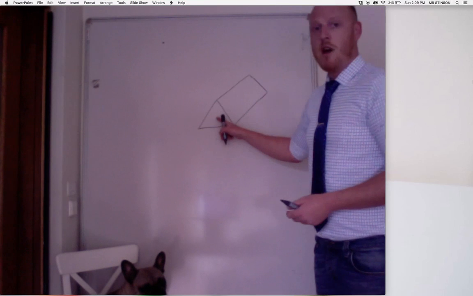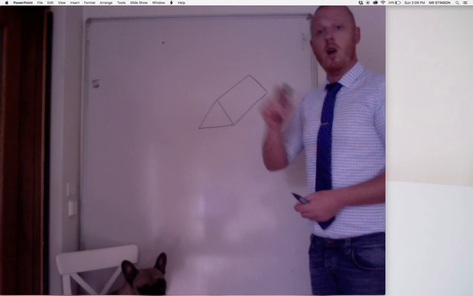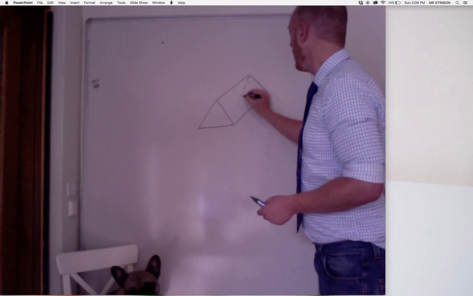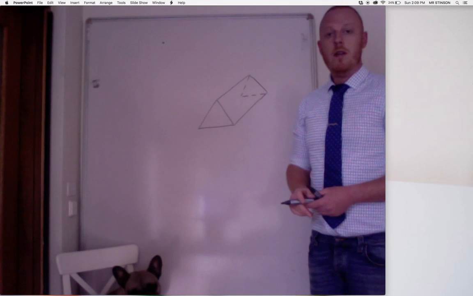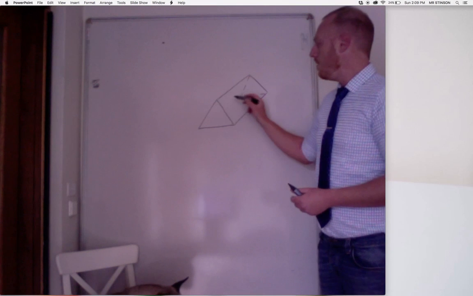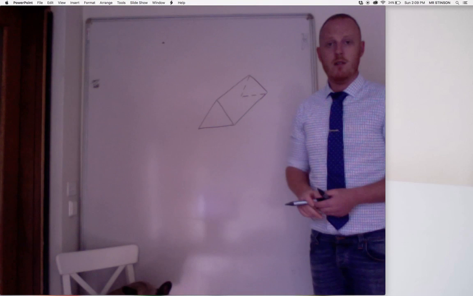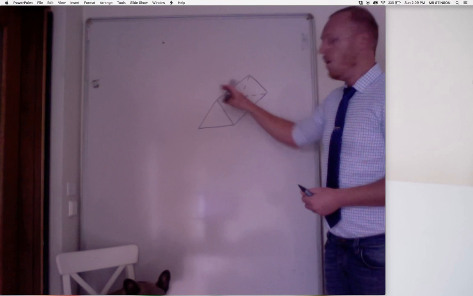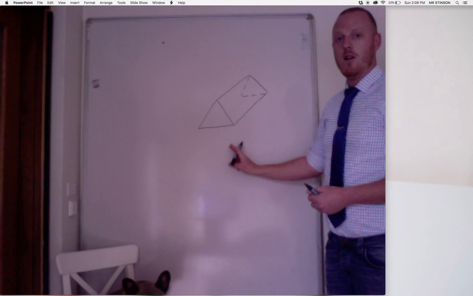We would have a triangle here at the front, but because there's one at the front, we would know there would be one at the back as well. I'm going to draw that in now. Then because it's a triangular prism, it has rectangles on the side. But if we counted these together, there would only be one rectangle here, one rectangle on the other side, and another rectangle on the base.